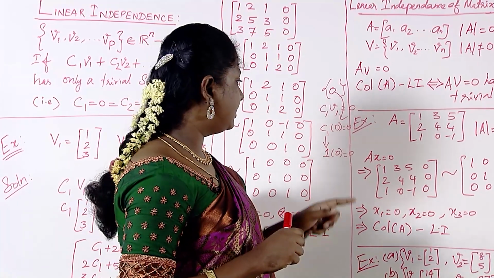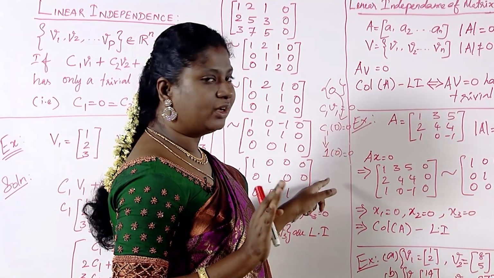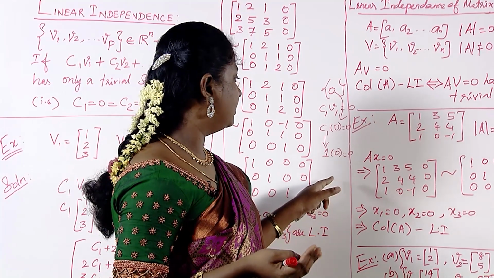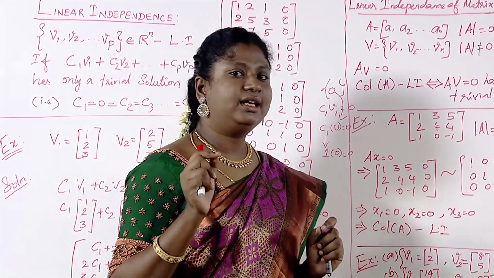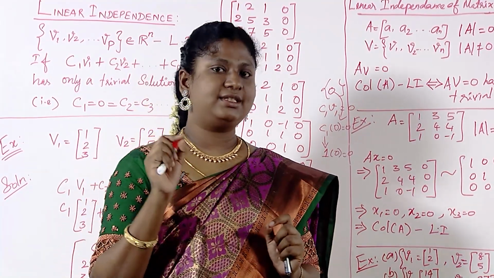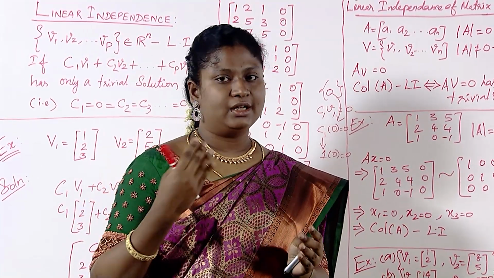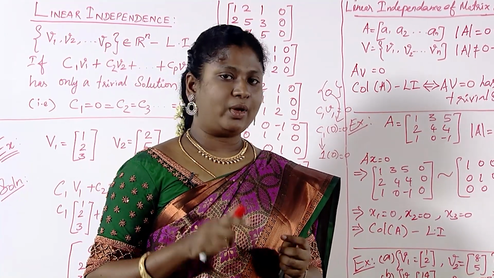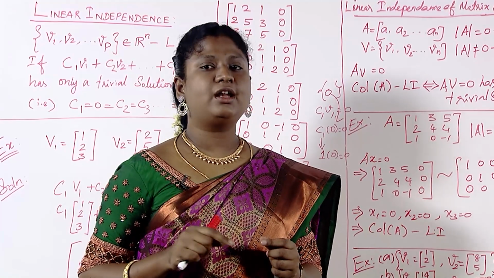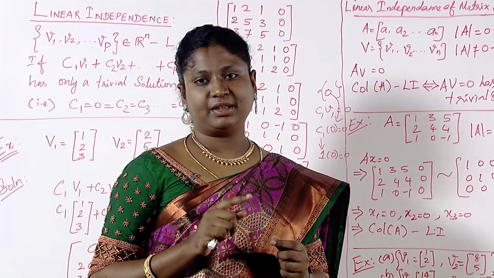In this case, your only solution is not the trivial solution, you have so many solutions, right. Therefore, a set containing only the 0 vector will be linearly dependent, whereas a set containing only 1 non-zero vector is linearly independent.